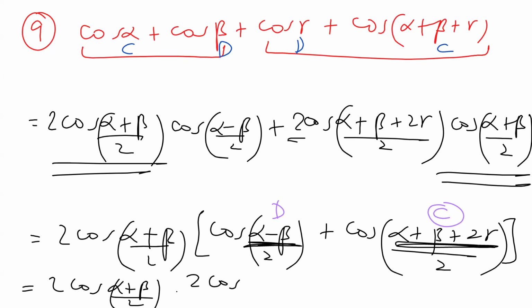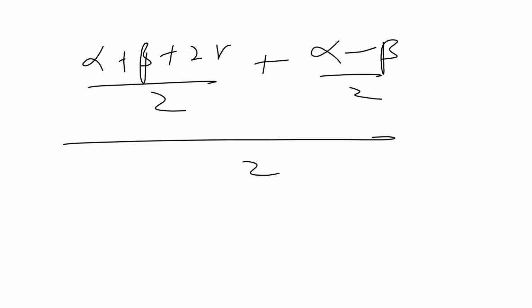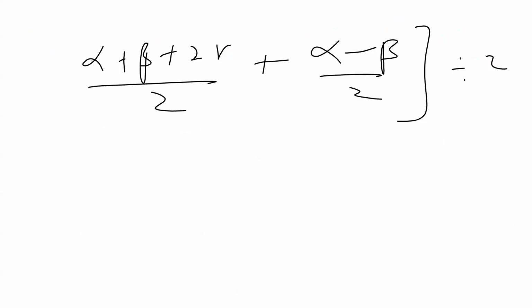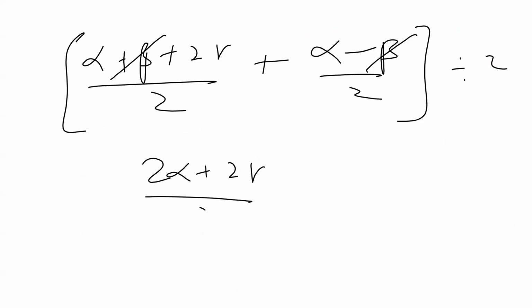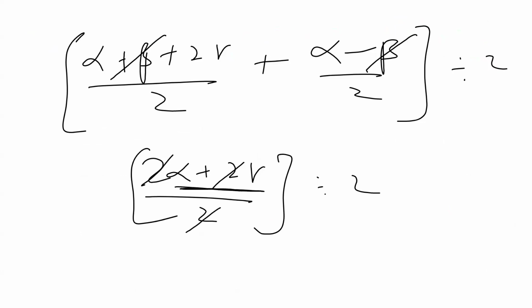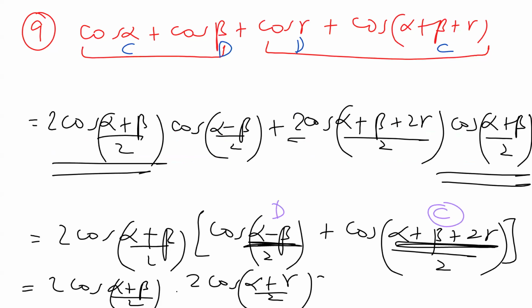So (2 alpha plus 2 gamma)/2 divided by 2, so this 2 is gone, so (alpha plus gamma)/2 into cos of (C minus D)/2.